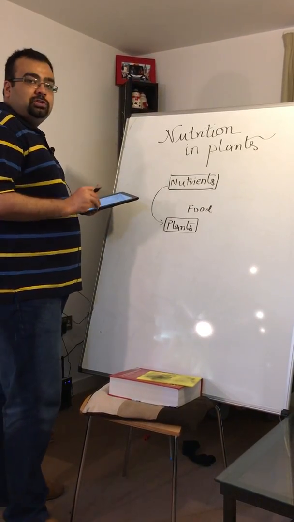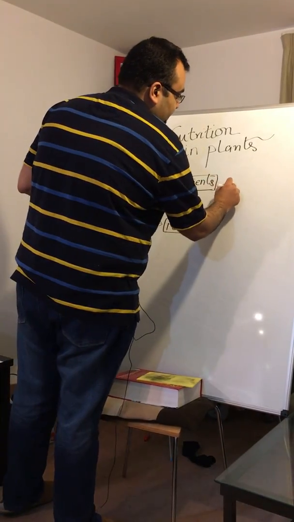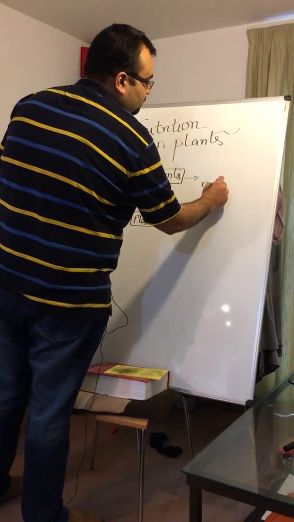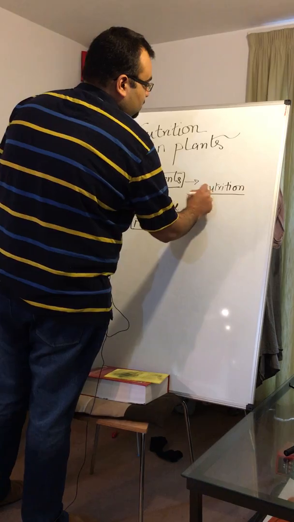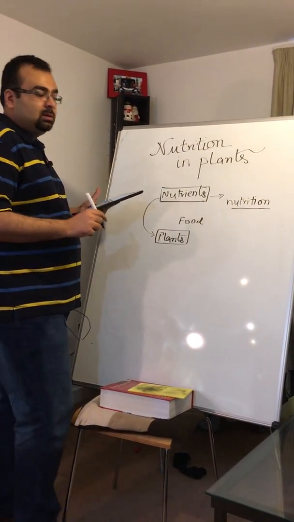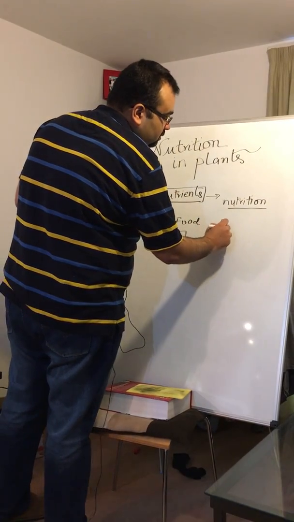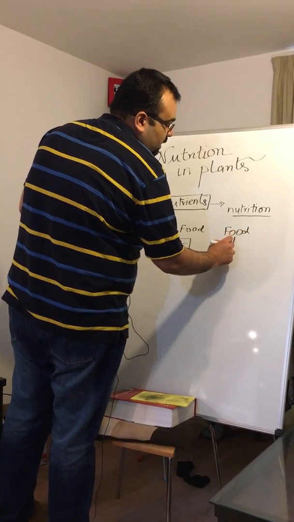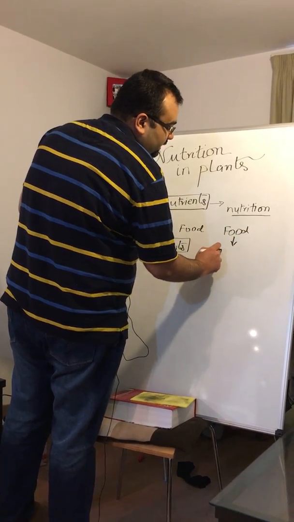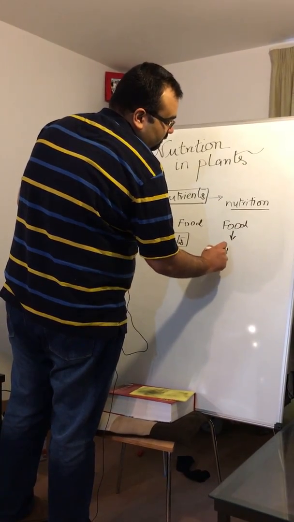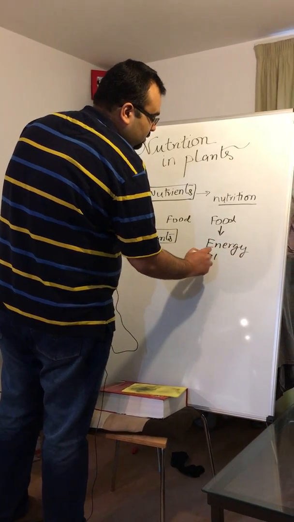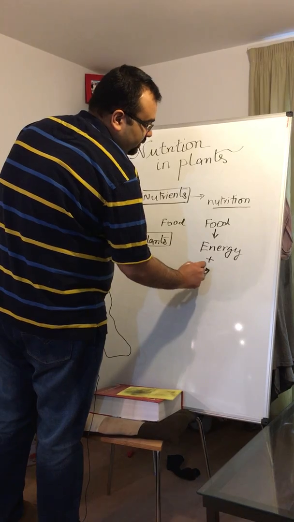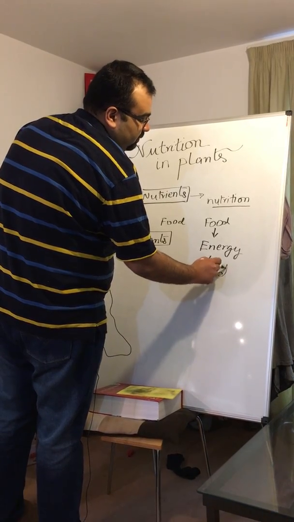Now, nutrition is simply a word that would be derived from the nutrients. Nutrition is a process by which you take the food and then you break it down to give you energy to work plus to build the body.